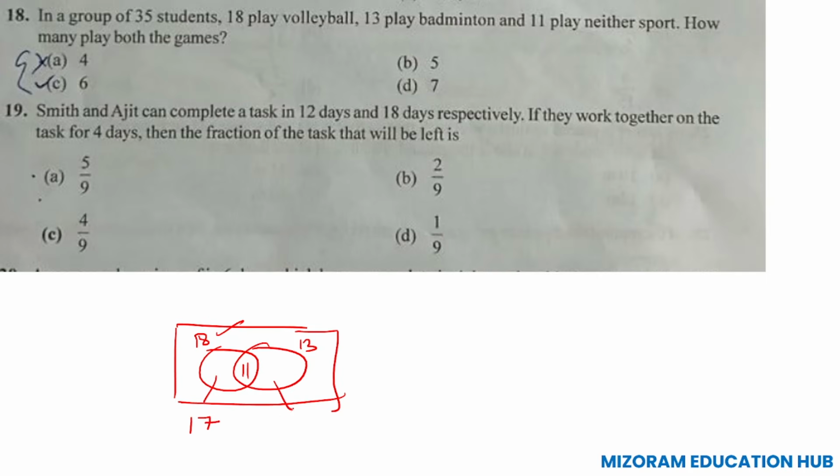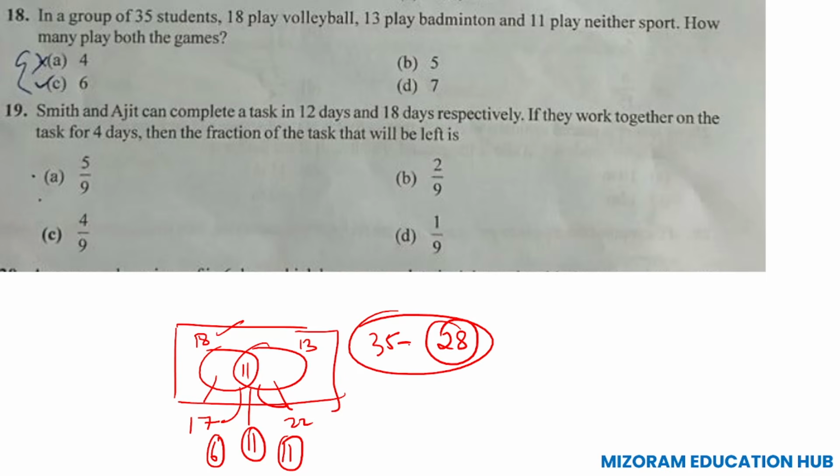Those who don't play badminton are 35 minus 13, that is 22. Purely who don't play volleyball is 17 minus 11, that is 6. Purely who don't play badminton is 22 minus 11, that is 11, and those who play neither is 11. 6 plus 11 plus 11 is 28. So 28 play only one or neither, and to find out those who play both, the total minus 28 gives 7. So 7 is the correct answer.